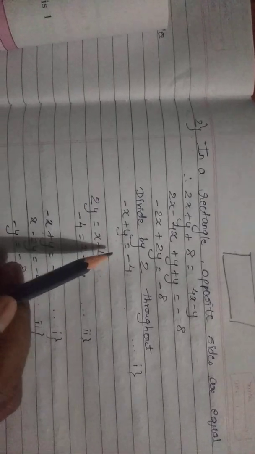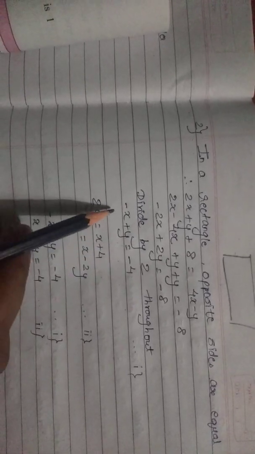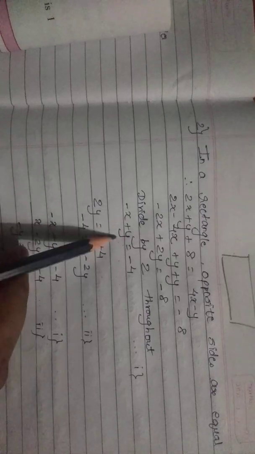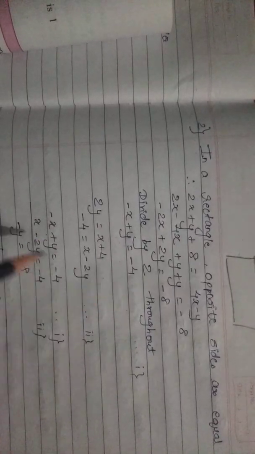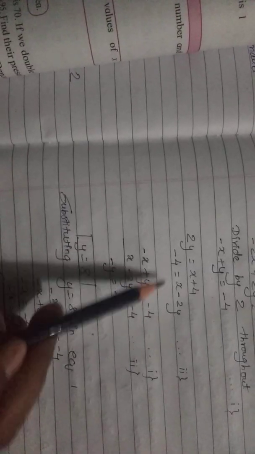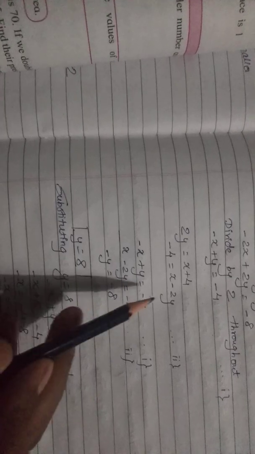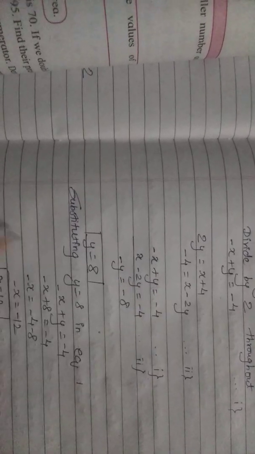I have got equation number 1 as minus x plus y equals minus 4. So this is what we have got, length, and breadth 2y equals x plus 4. So again we have got the second equation as x minus 2y equals minus 4.